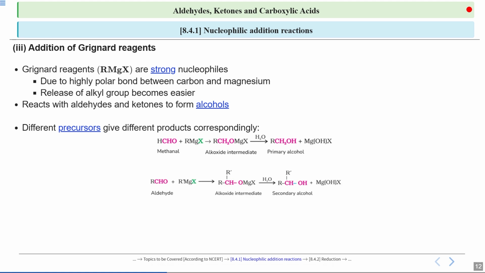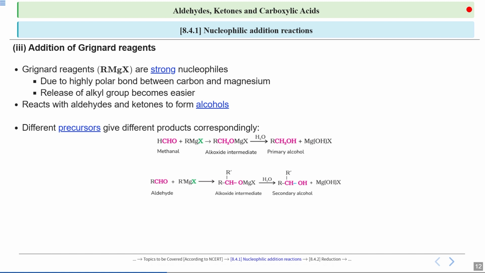And if you react an aldehyde other than formaldehyde, if you react any aldehyde with RMgX or Grignard reagent, you will get a secondary alcohol. So here you need to remember, if you are reacting formaldehyde with a Grignard reagent, you get a primary alcohol.